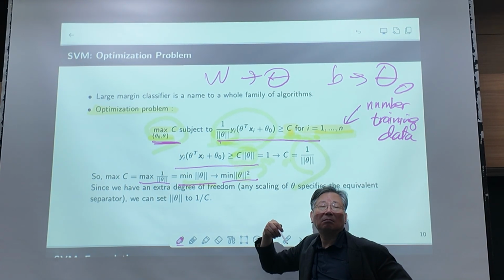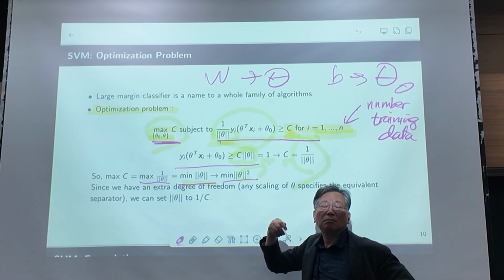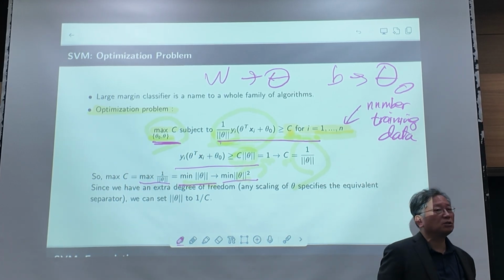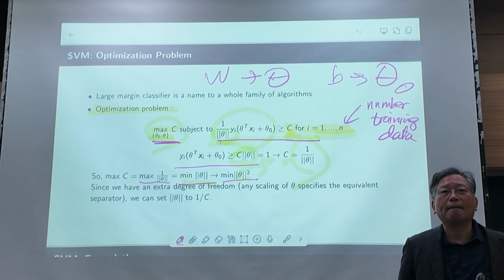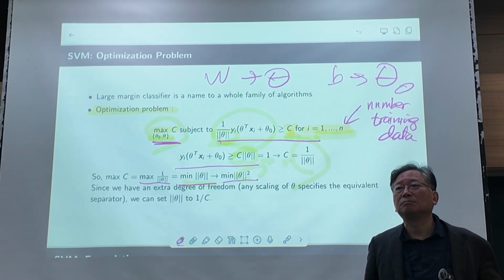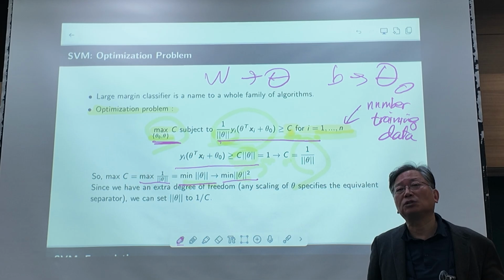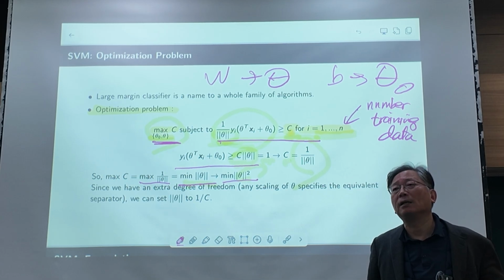So what is the functional margin of the support vectors? The functional margin of the support vectors is 1. Okay, it's 1.